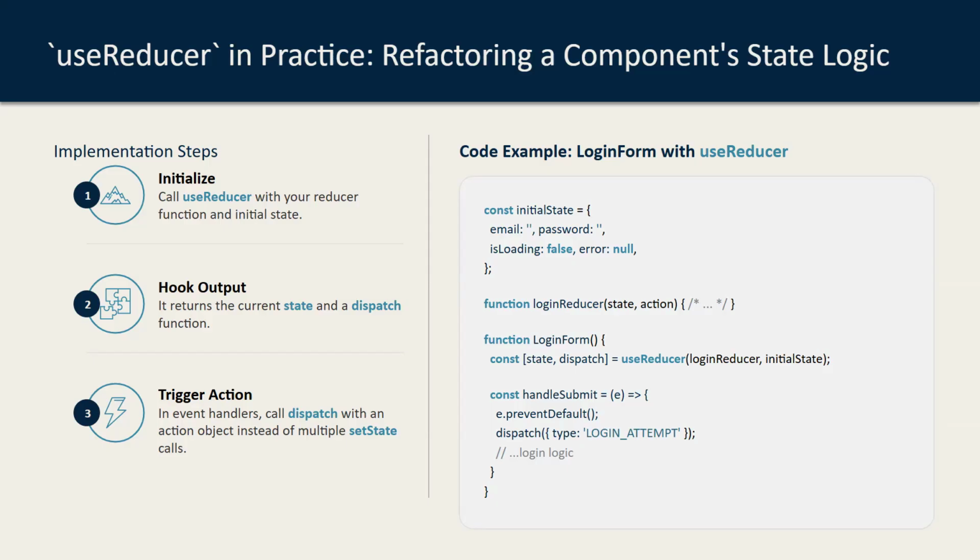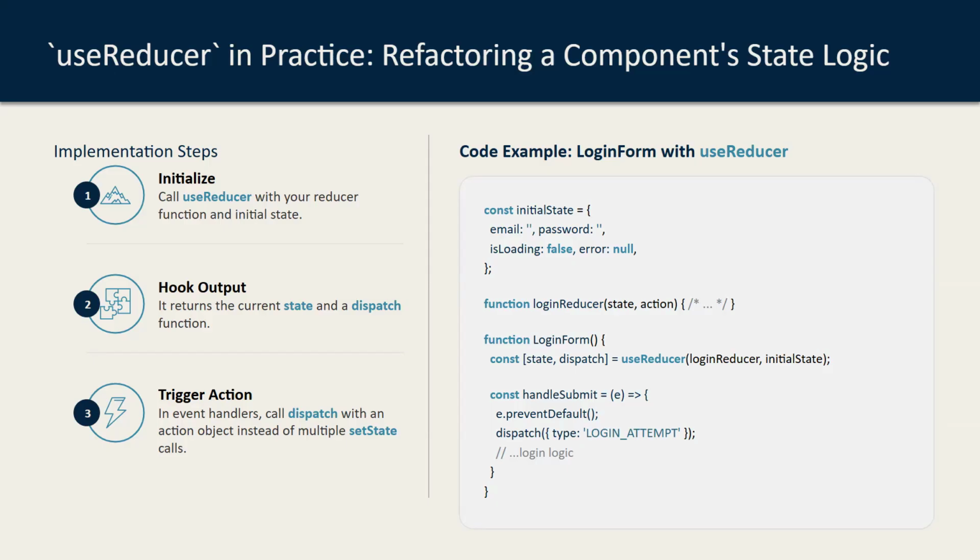And once we get the output, inside the event handler, after preventing the default form behavior, we dispatch an action to the reducer. That gives us one clear event that the reducer can respond to, instead of scattering multiple setState calls across the component. So the big advantage here is that the component describes events while the reducer owns the state transition logic.